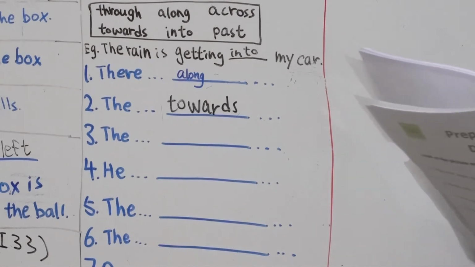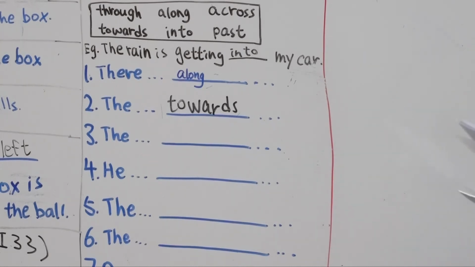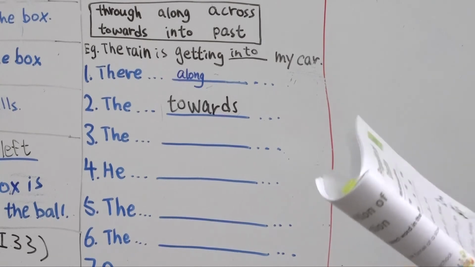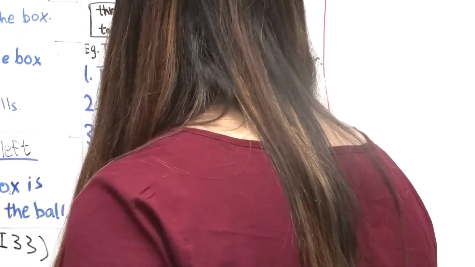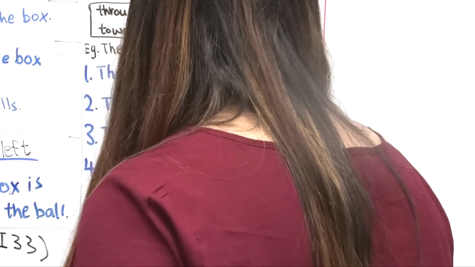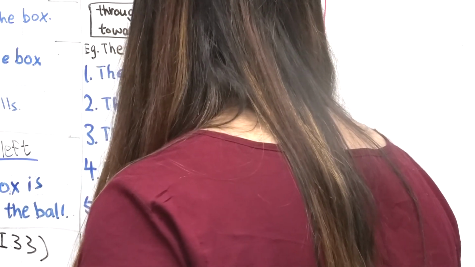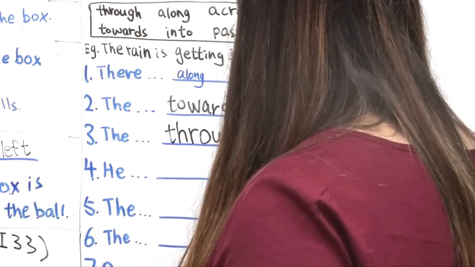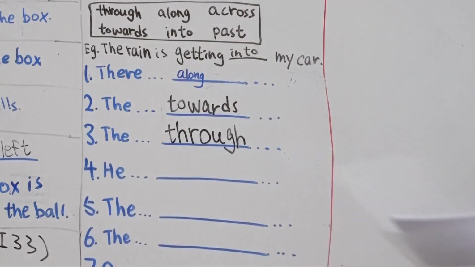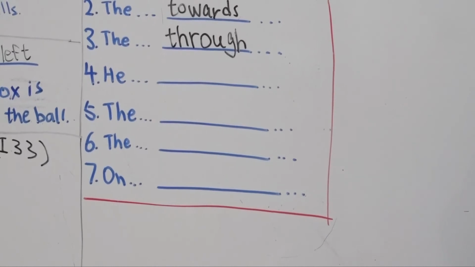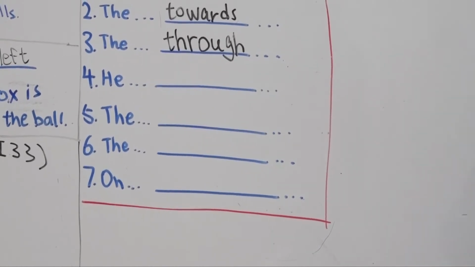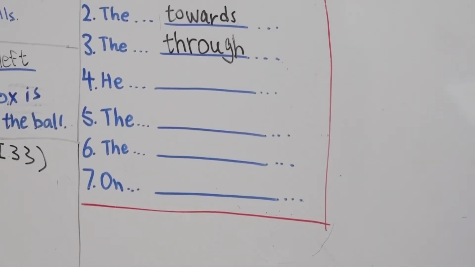So basically, the burglar climbs into the house through the window, through something, right? In order to get in there, he has to go through something. So he went through the window. Okay, through something. Hope you understand. Okay? From 4 to 7, you try to do it by yourself. Go.